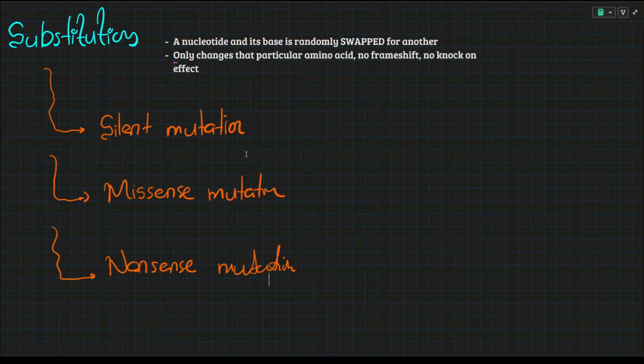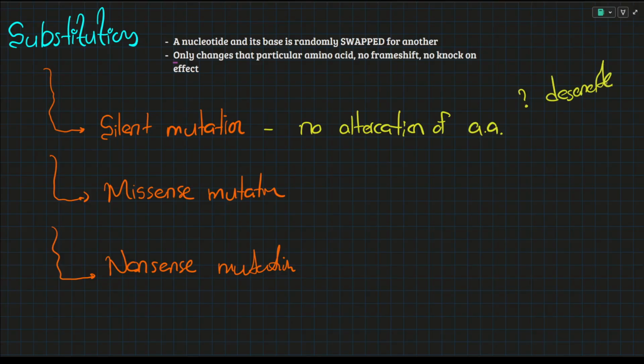Okay, silent mutation looks something like this. In a silent mutation, you will have no alteration of the amino acid. Why? The reason being the genetic code is degenerate.